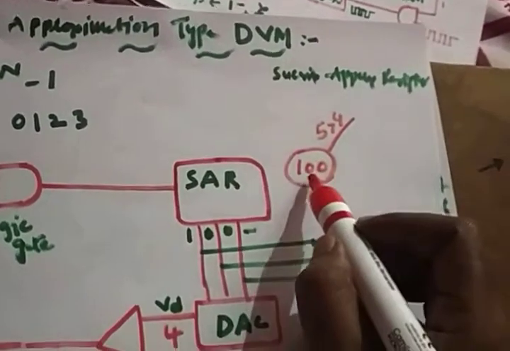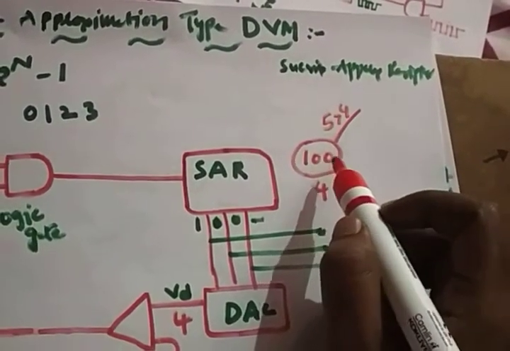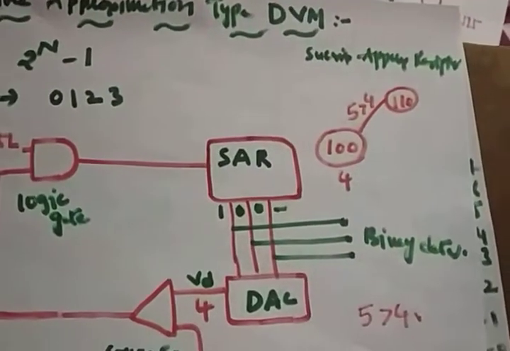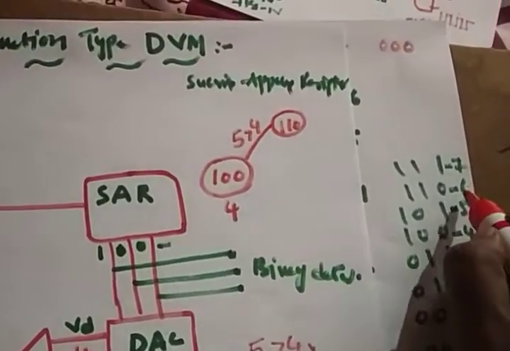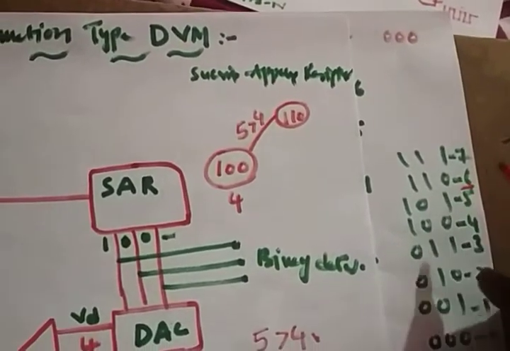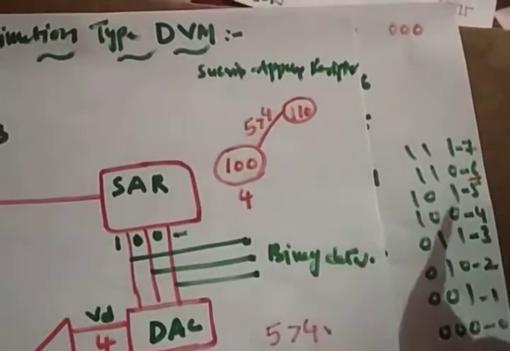If it is true, you have to set the next bit, the second bit. That is 1 1 0. What is the value of 1 1 0? It is nothing but 6.